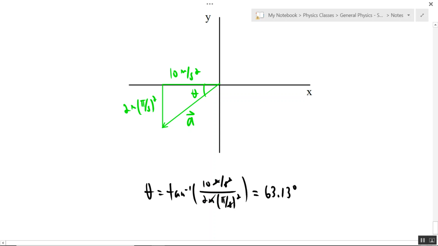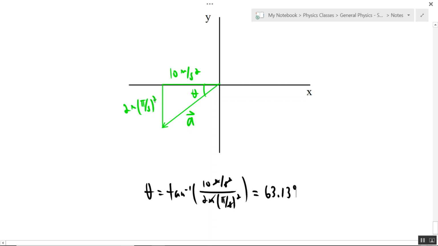Yeah. Could you replace the y value with 2 pi meters per second squared? Like you're writing it as 2 meters times pi over seconds. Could you make it like meters over seconds? Sorry, one more time? Would it be equivalent to write 2 pi meters per second squared? 2 pi squared meters per second squared.